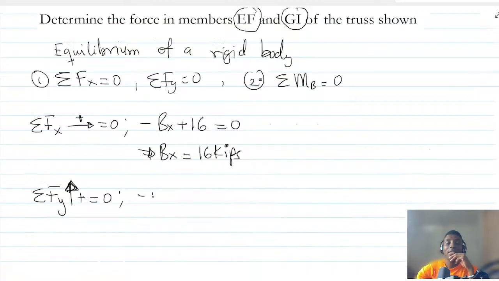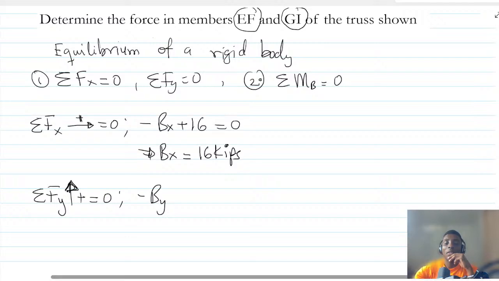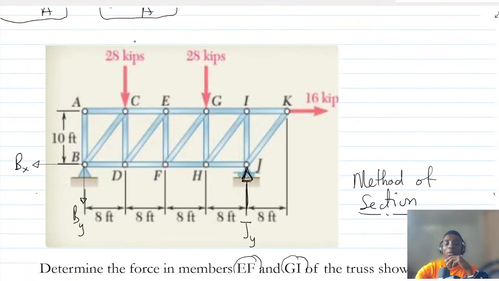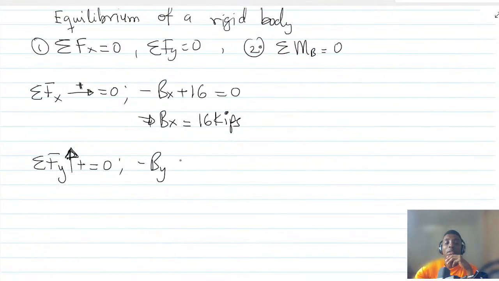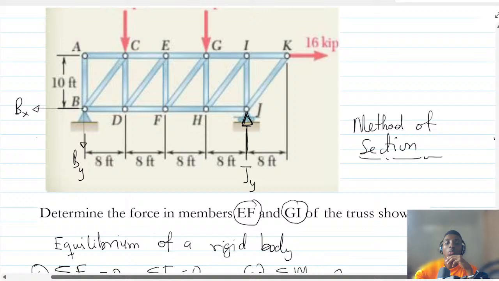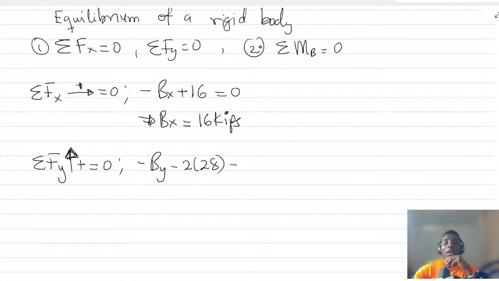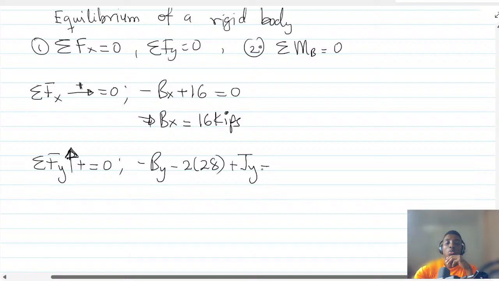So minus BY, and 28 is coming down, and another 28 is also coming down. So minus 28 times 2, and then there is JY going up, so plus JY, to be 0.